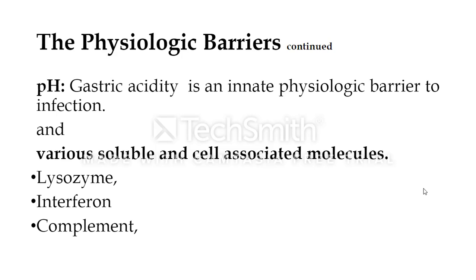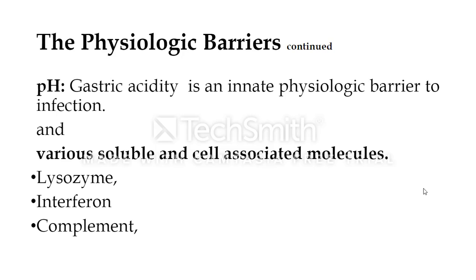These will convert the inactive complement proteins into active complement proteins. These active complement proteins can damage the membranes of the pathogenic microorganisms, either by destroying the pathogens or by facilitating their complete clearance from the body.